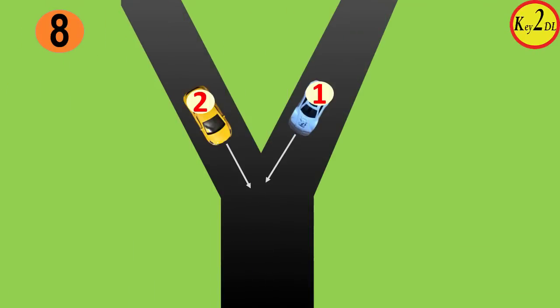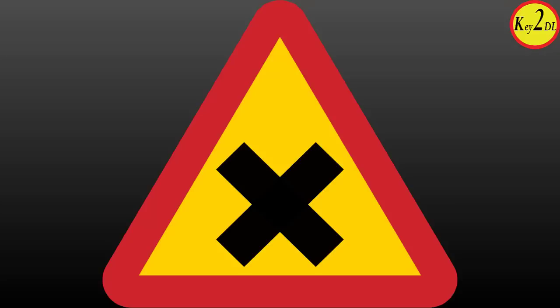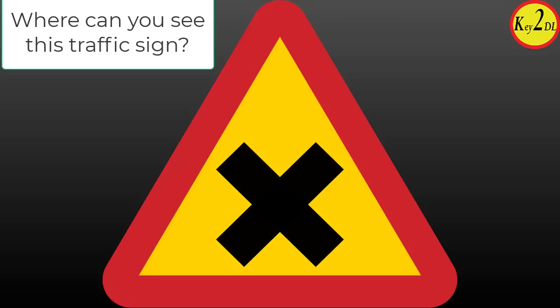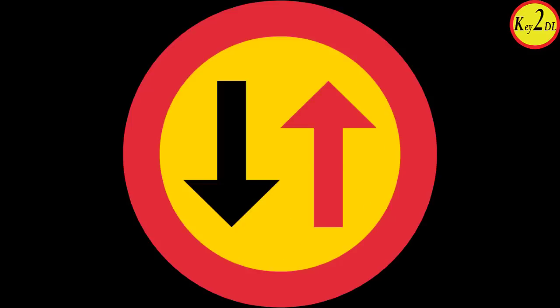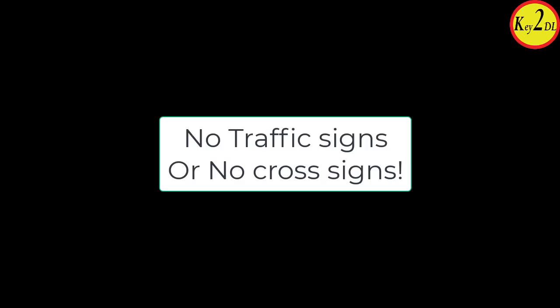Okay, let's go to this sign. When you see this cross sign before a junction, that means you should follow the right hand rule. If you don't see any specific traffic sign, like priority road, or there is no sign at all, then it could be the right hand rule.